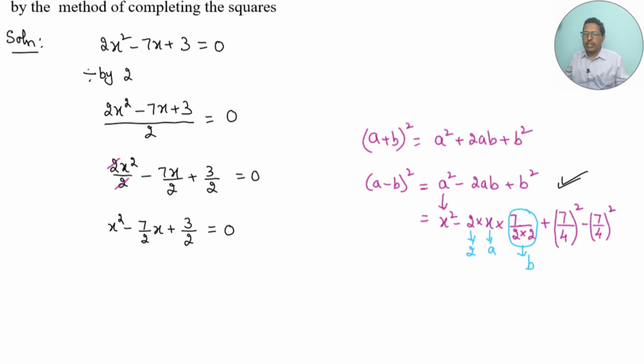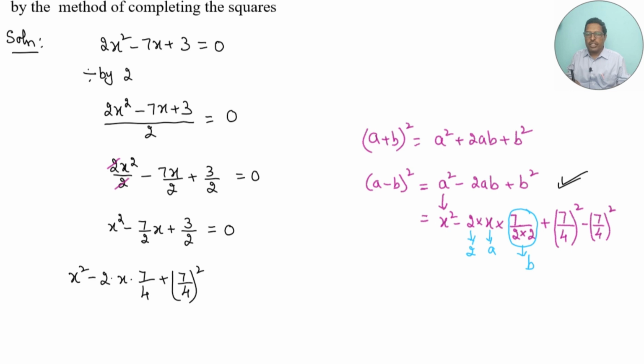Now let us put this value back. We get the expression x square minus 2 into a value x into b value 7 by, as I told you, 2 times 2 becomes 4, plus b square, which is 7 by 4 whole square.